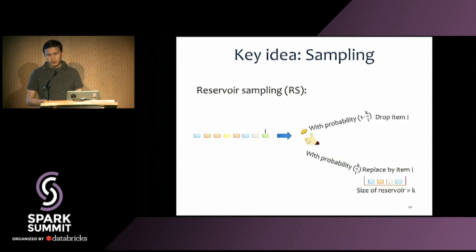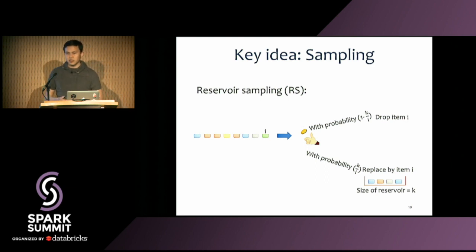To overcome this problem, reservoir sampling has been proposed. This mechanism allows us to take a sample of size k from the input data stream. The idea is that we make use of a reservoir of size k, and first we fill it up with the first k data items.